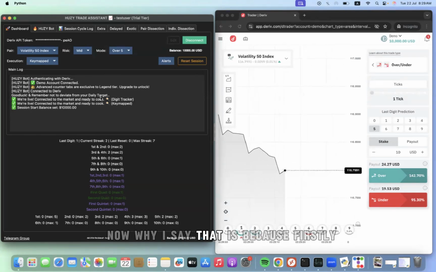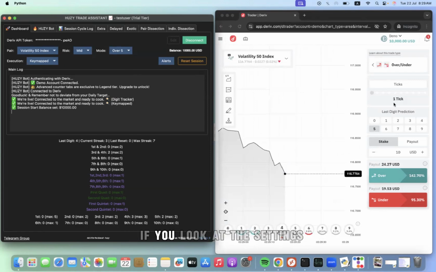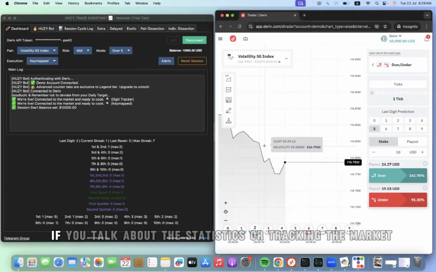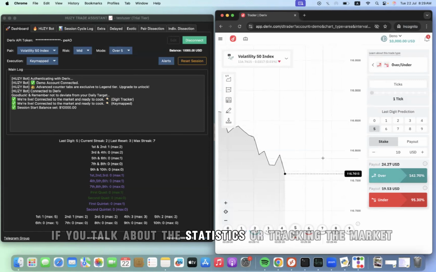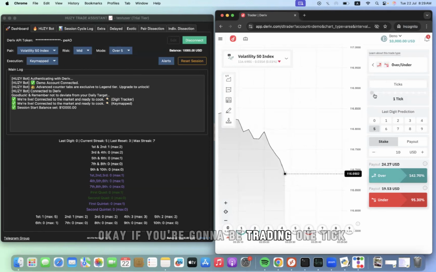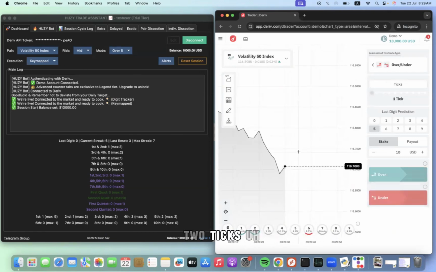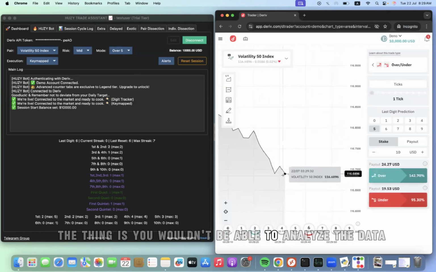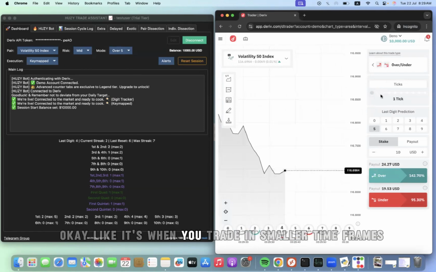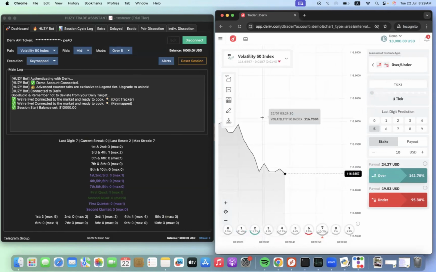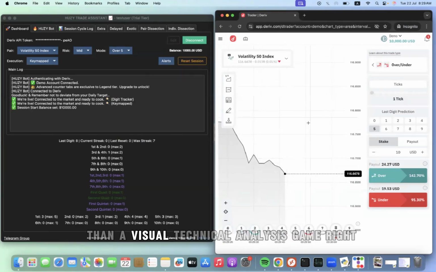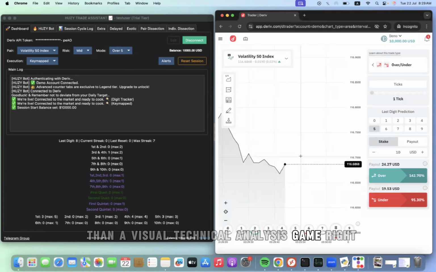Now, why I say that is because firstly, if you look at the settings available to you over here, if we talk about the statistics or tracking the market, if you're trading one tick, two ticks, you wouldn't be able to analyze the data. When you trade in smaller time frames, it becomes more of a statistics game than a visual technical analysis game, right?